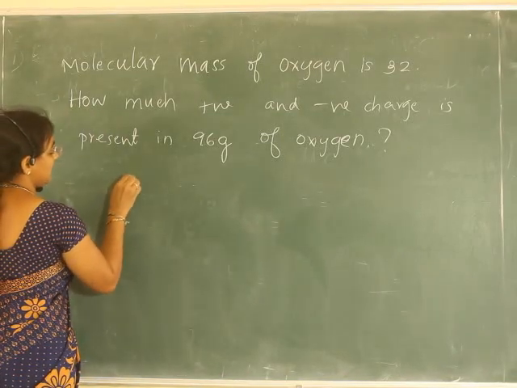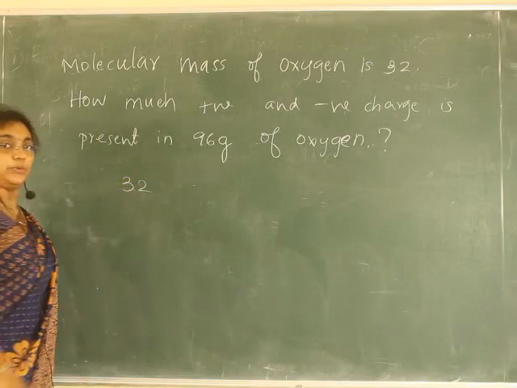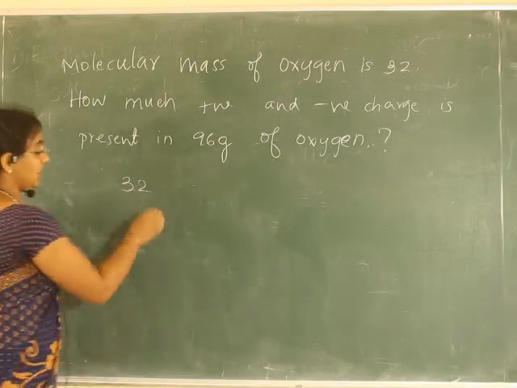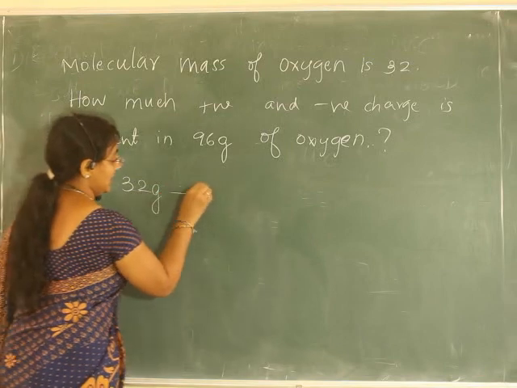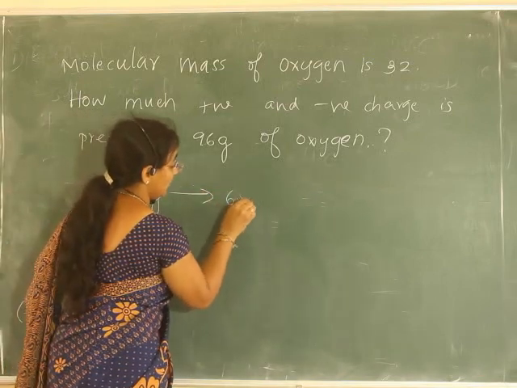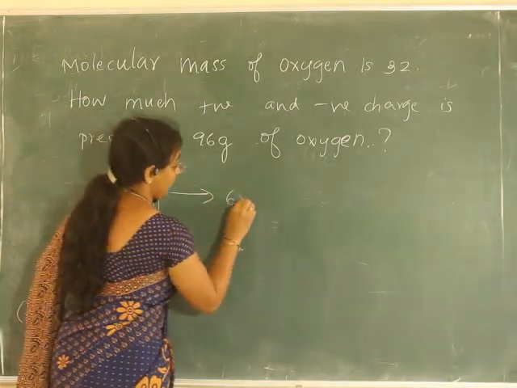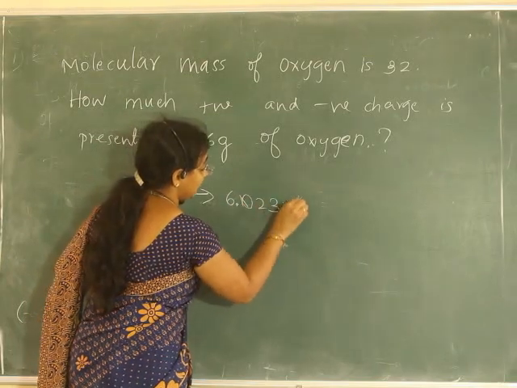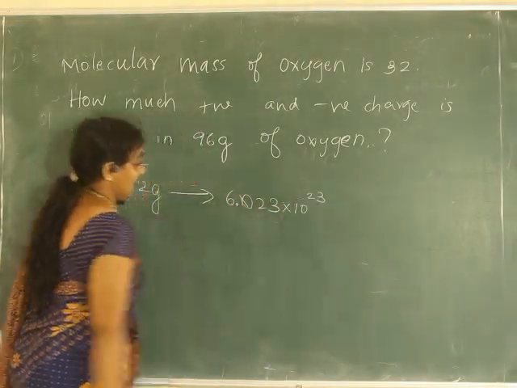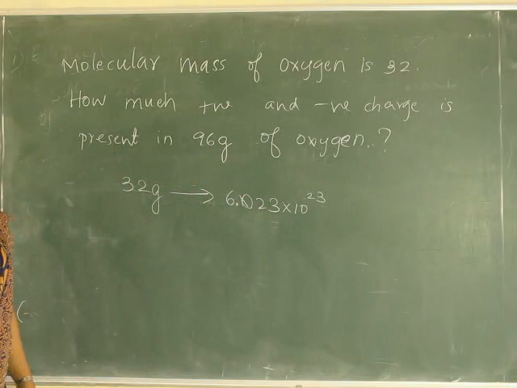Oxygen's molecular mass is 32. 32 grams of oxygen has Avogadro number of molecules in it, 6.023 into 10 to the power 23 molecules are present.